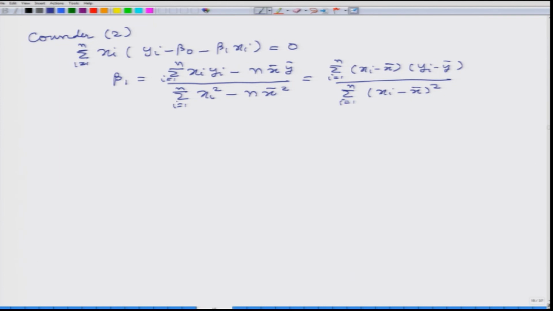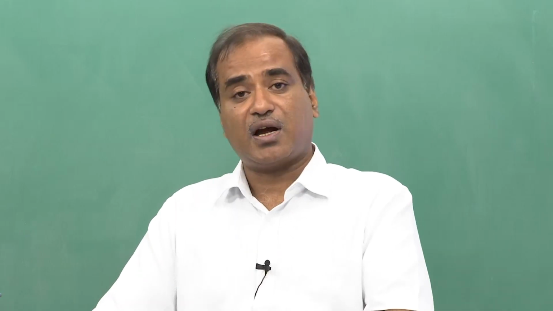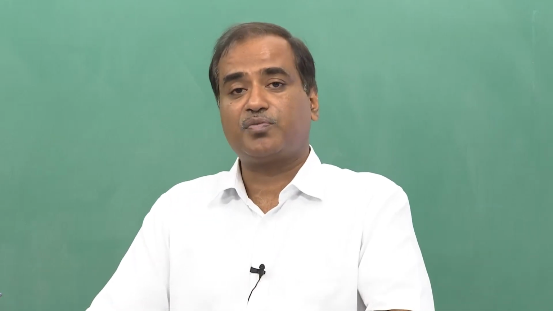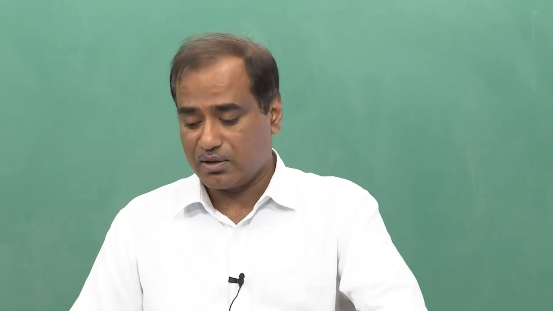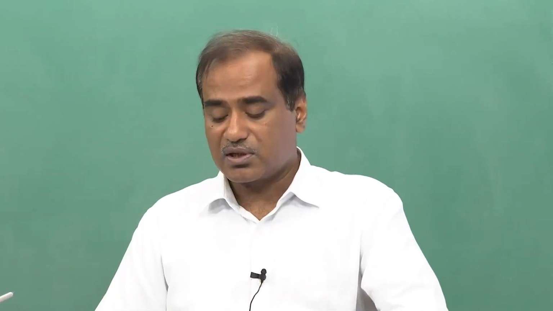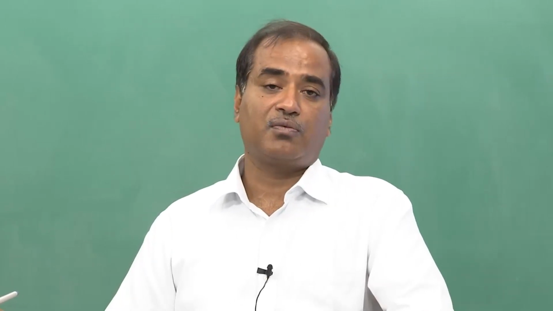Now, keep in mind that x bar and y bar are simply our sample means, computed from whatever observations we obtained. So, x bar and y bar are known to us. When we started our model y equals beta 0 plus beta 1 x plus epsilon, beta 0 and beta 1 were unknown to us.